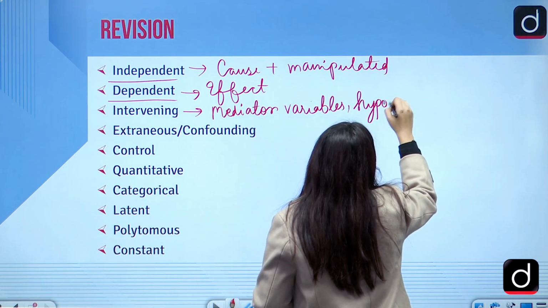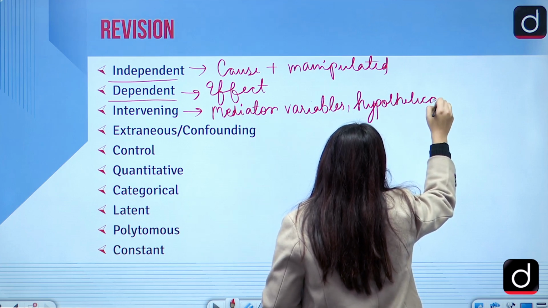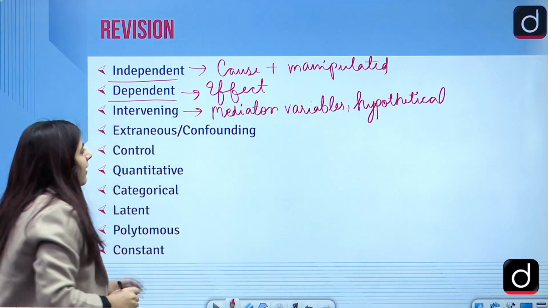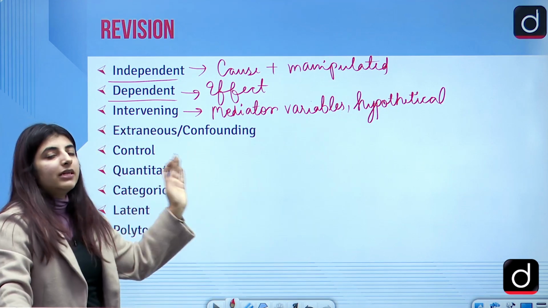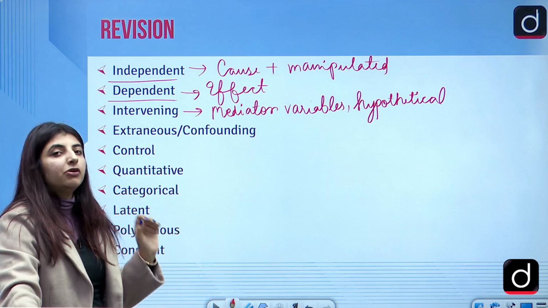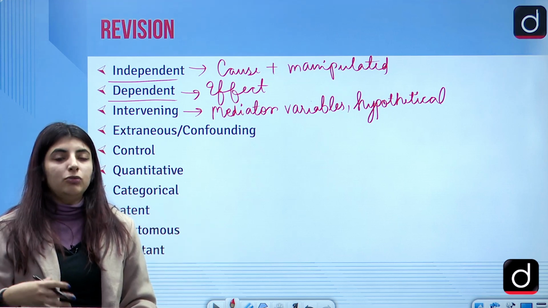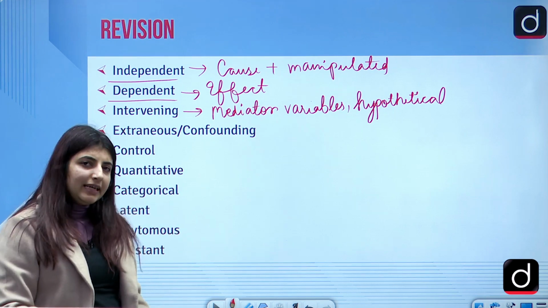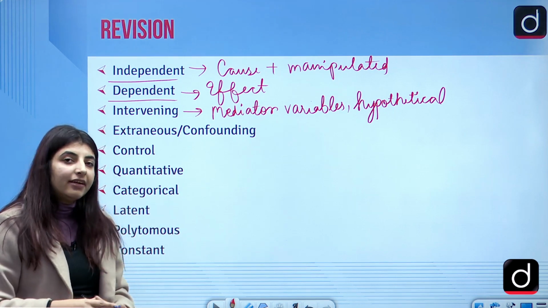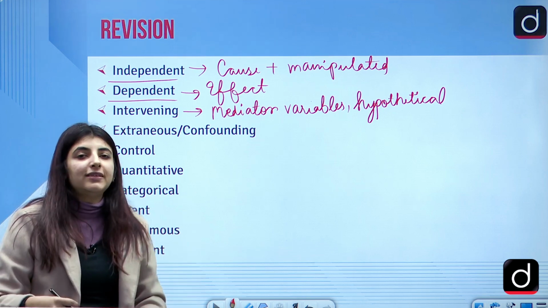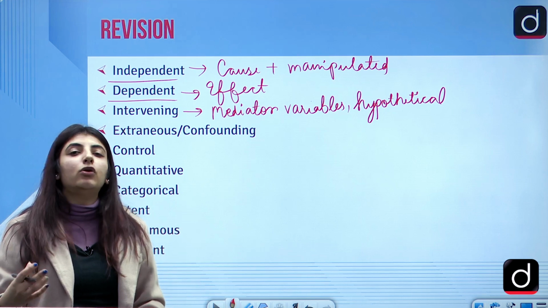So you can jot these things down as one-liners as well. Extraneous or confounding, and yes, extraneous variables are also known as confounding variables because they confuse the entire process. They do not let the person experimenting see if the panic created by the surprise test had the negative impact, or if the student just did not know the concept well.